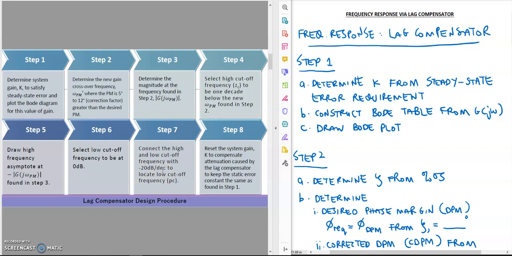That low cutoff frequency is actually the pole of the lag compensator. And then in step 8, we determine the K lag, the unknown gain for the lag compensator. And then we determine the compensated transfer function by multiplying the lag transfer function with the original open loop transfer function to determine the compensated system.